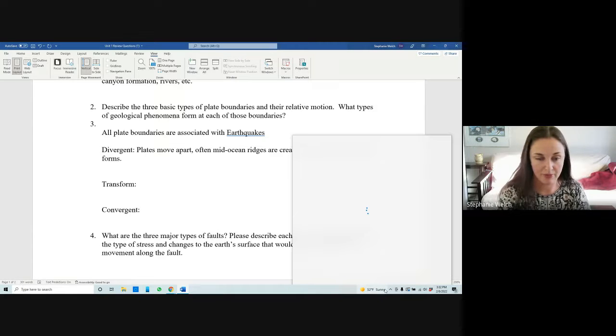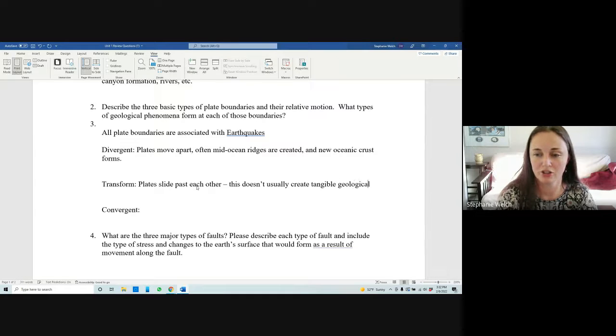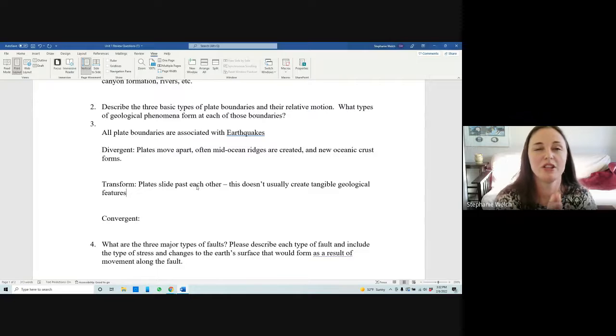The second type of plate boundary here, the transform plate boundary. At transform plate boundaries, plates slide past each other. This doesn't usually create tangible geological features, so it doesn't create something that you can see.